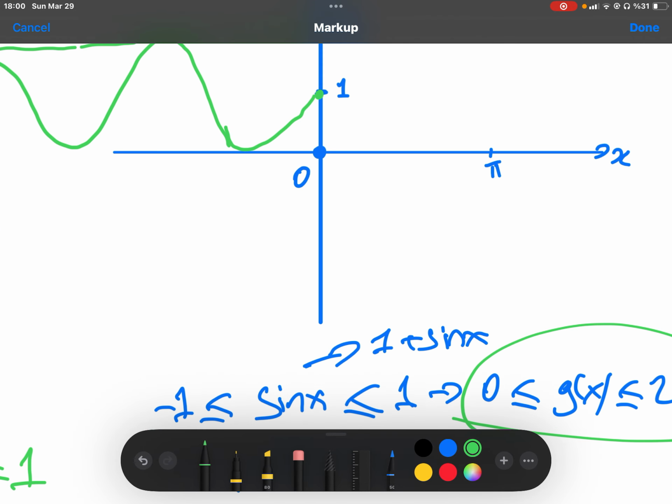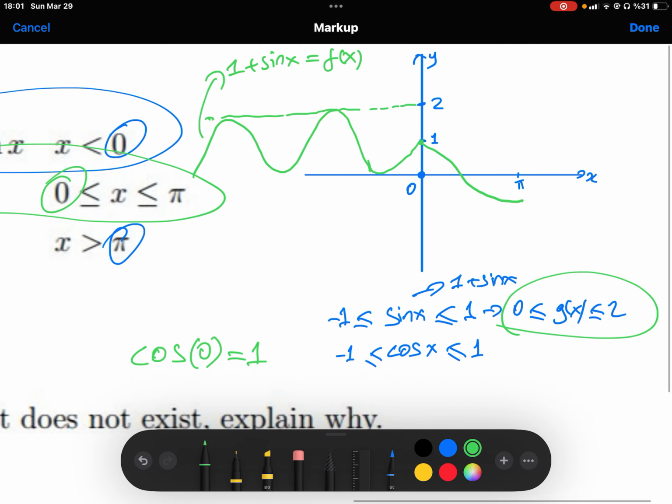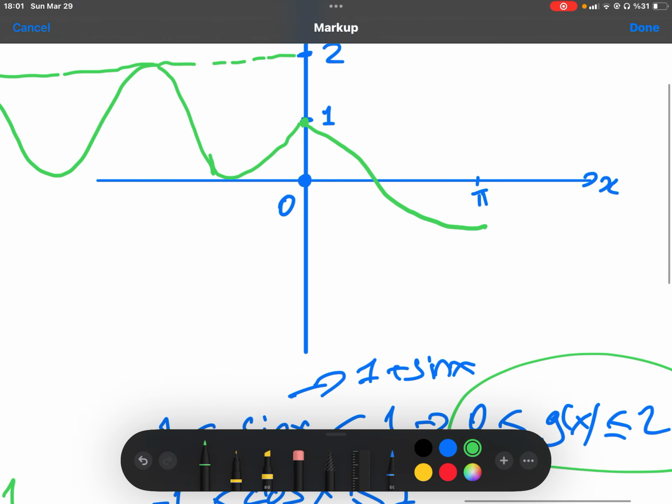It will come to here like this, no, sorry, let's do it like that. Here, and something like that. I don't want to sketch a detailed graph, so you can understand that way. As you can see, pi is included, so I'm gonna leave a point here.